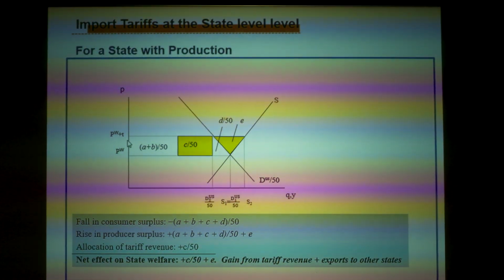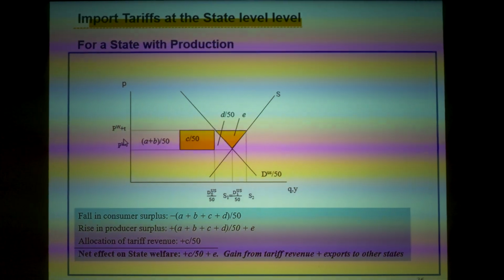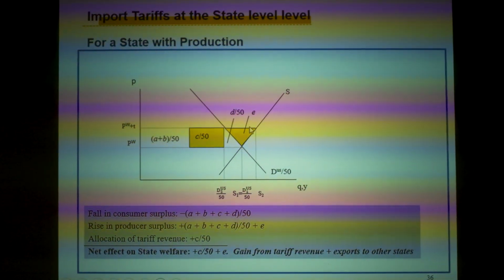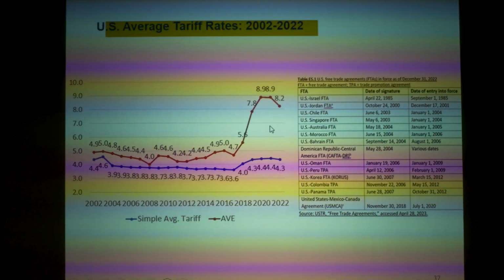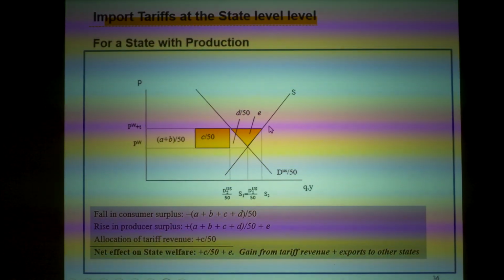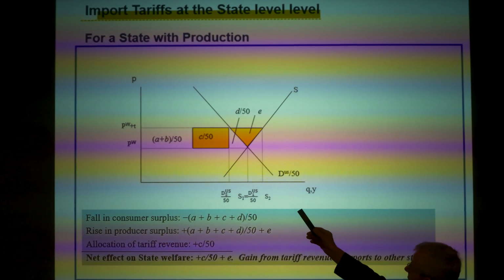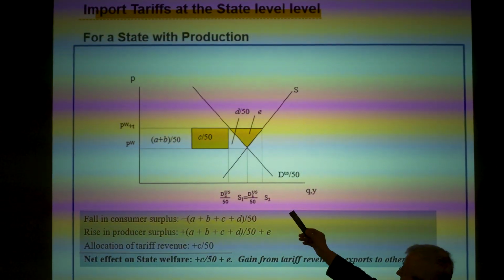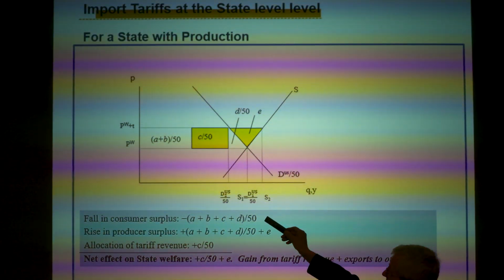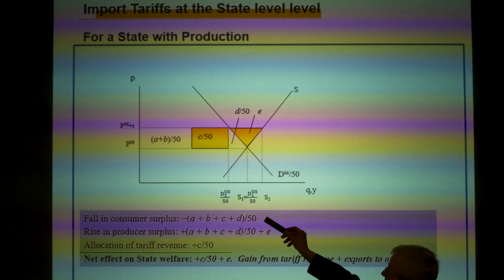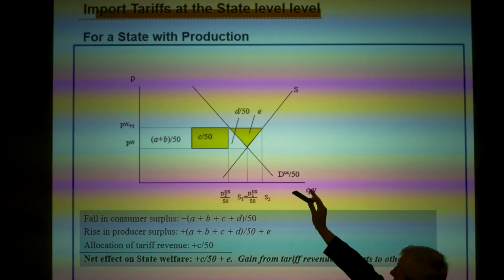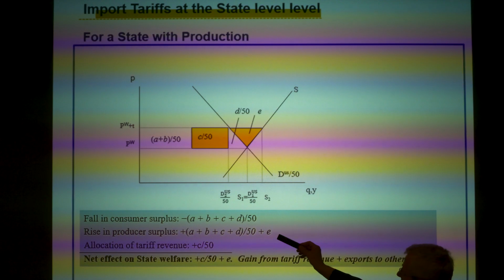Now let the world price go up. World price goes up. Supply increases. You used to be here at S1, now we're at S2. You've got a big drop in consumer surplus, same as before, A plus B plus C plus D over 50, that whole area to the left of the demand curve.